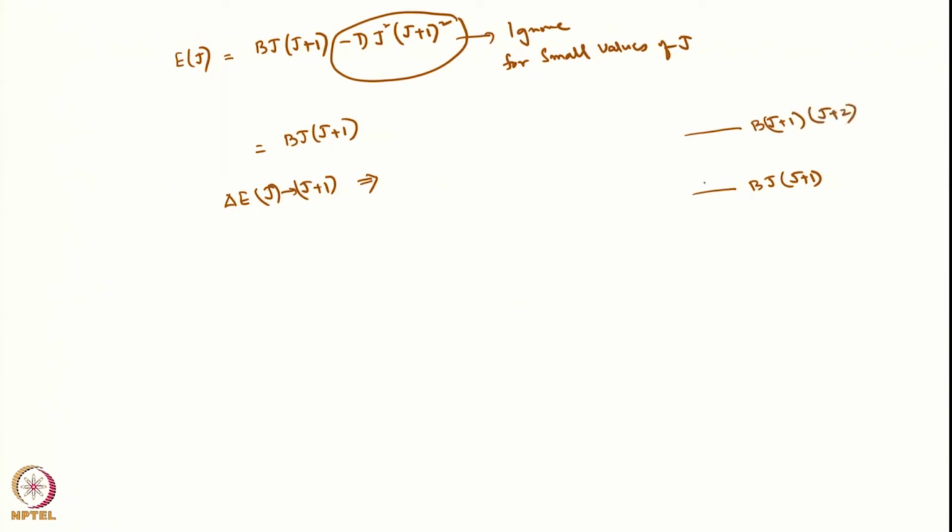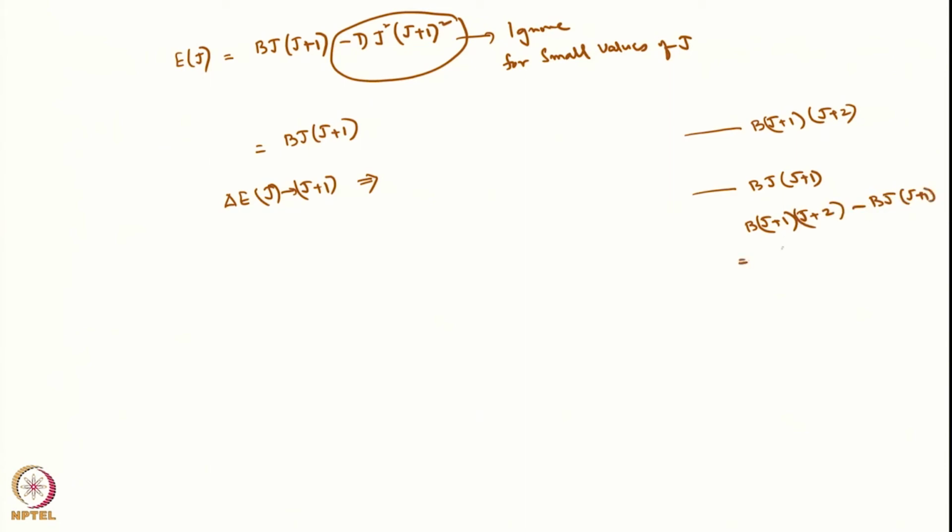Now, if I look at the transitions, then this will be B(J+1)(J+2) minus BJ(J+1).